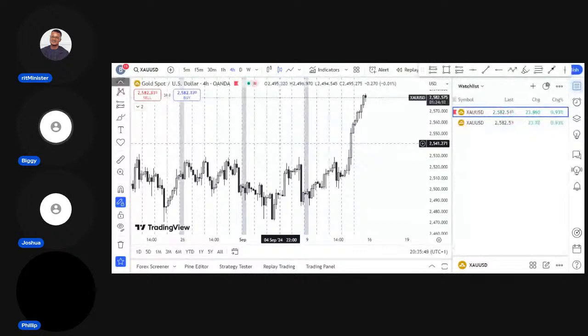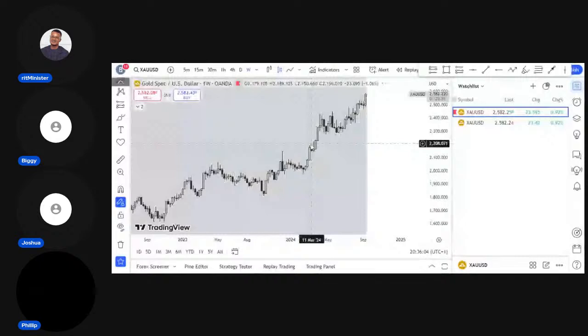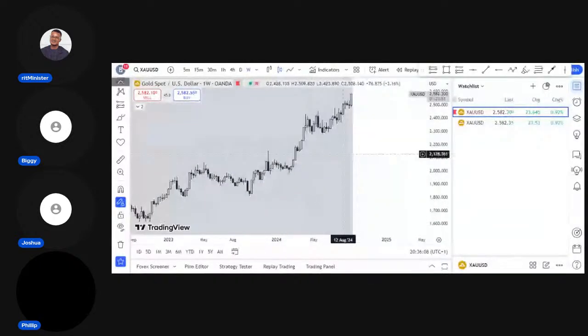If you can get the direction of the weekly and the daily right, you understand it will help you a long way. So daily and weekly are very important when it comes to your top-down analysis. They are like telling a story. When you tell a story, you don't just jump from the start to the ending.